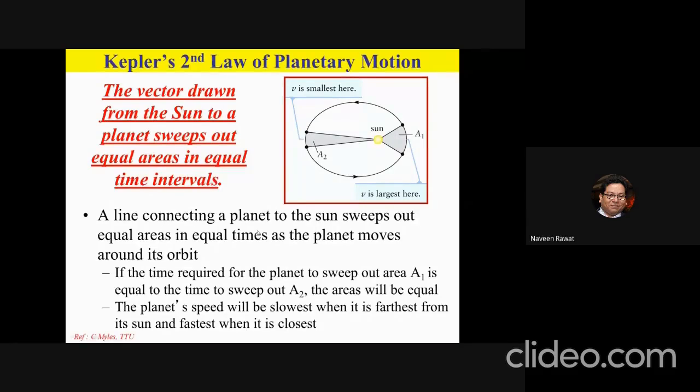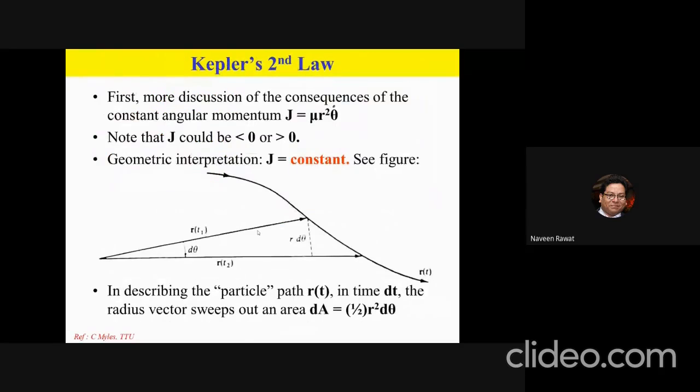When we solved the angular part of the Lagrangian equation, what did we understand? We got that the angular momentum J is conserved. So this is our starting point: the Lagrangian equation has given us that J is this quantity, mu r squared theta dot, or mu r squared omega, and it is a constant.